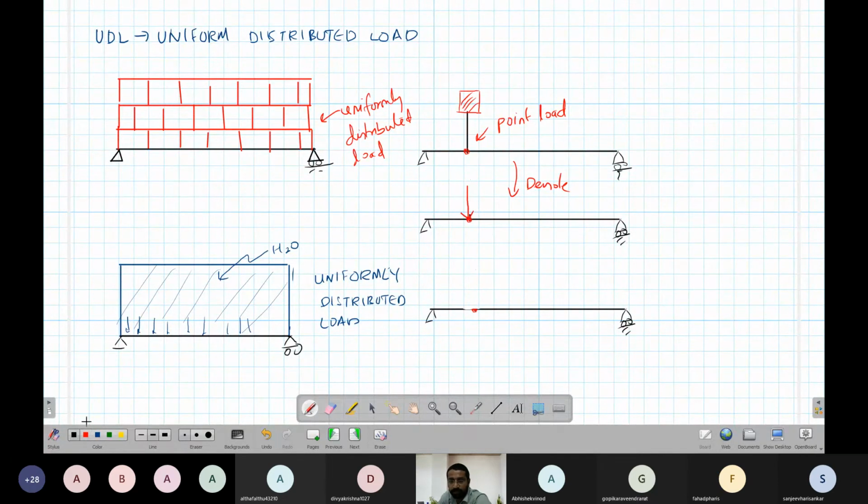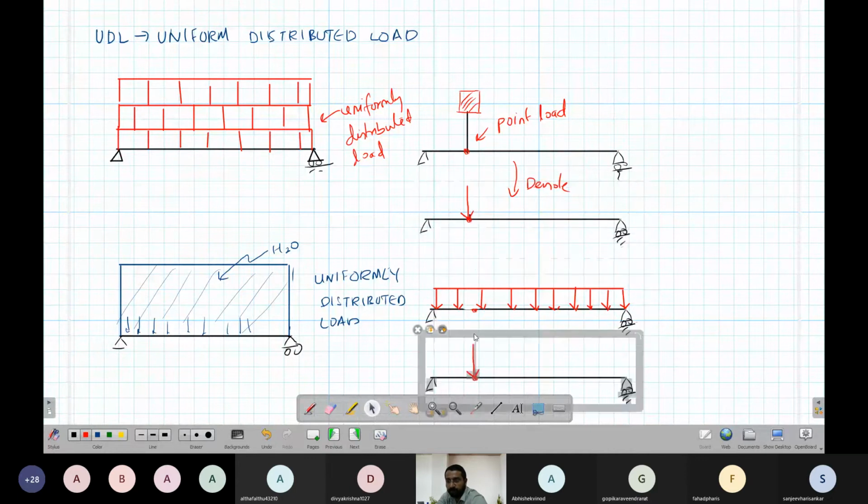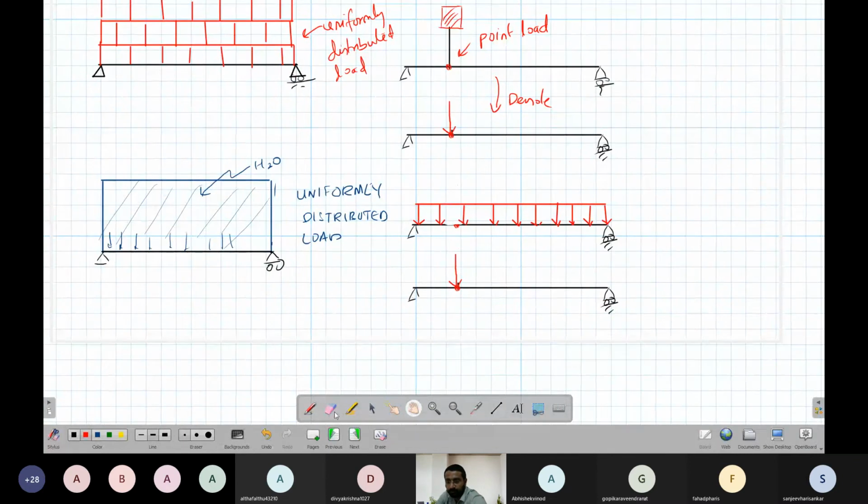Generally it is not like this, or we can also mention it in some other way.